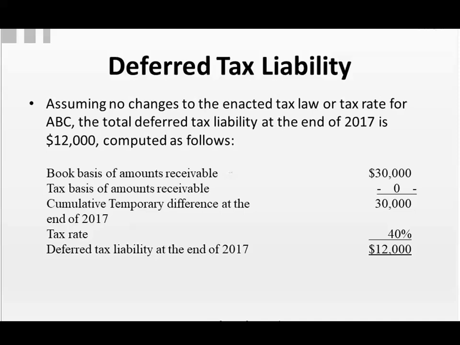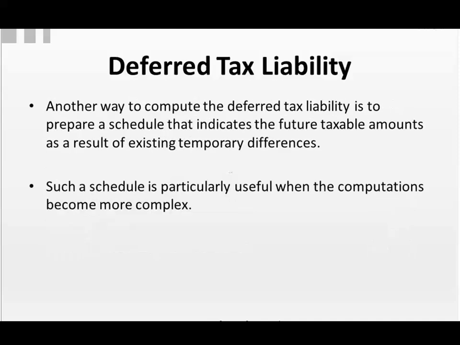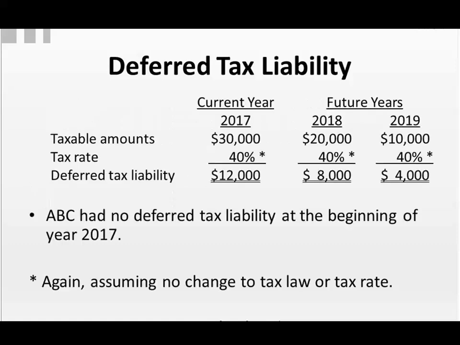So another way to compute that, if you're following me, to get the deferred tax liability is to prepare a schedule that indicates the future taxable amounts as a result of the existing temporary differences. Well, we only have one difference here. The next slide shows you the schedule, which of course would be more complex if there was more than one temporary difference. Okay? Here we only have the one.